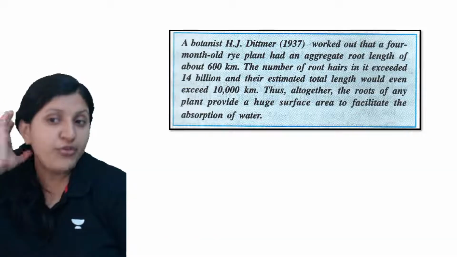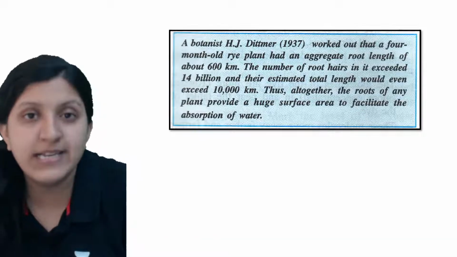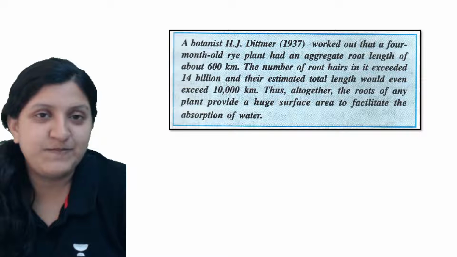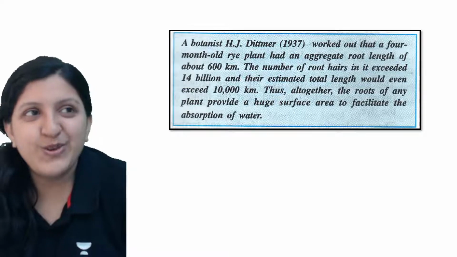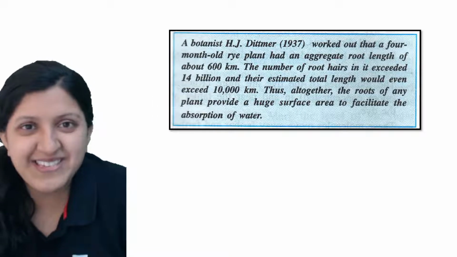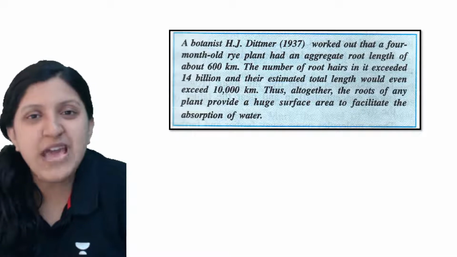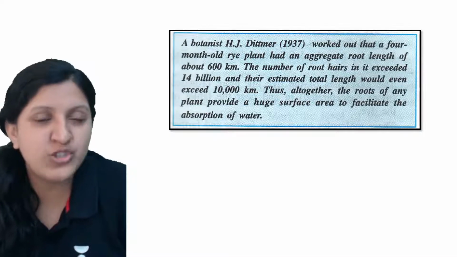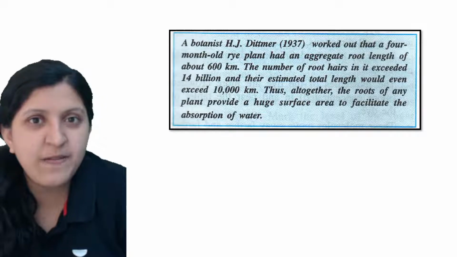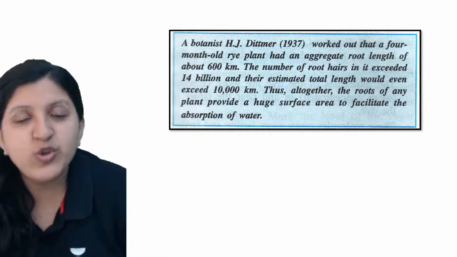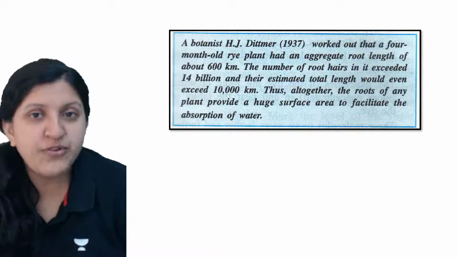The number of root hair in it exceeded 14 billion. So what was mentioned in the previous slide is that for each rootlet, you can find up to hundreds of root hair.